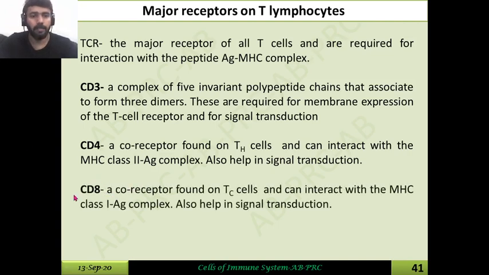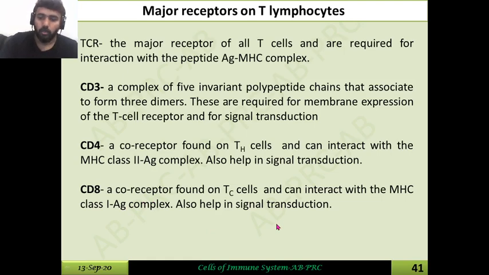Then the next receptor is CD8. This is also a co-receptor but found on T cytotoxic cells. This is another type of cell that we will come to discuss with the subtypes, T helper cell and T cytotoxic cell, and what are the features and all. So here CD8 is present only on the T cytotoxic cells, and this can interact with the class 1 MHC antigen complex, right.